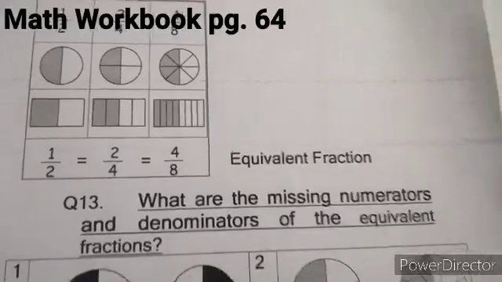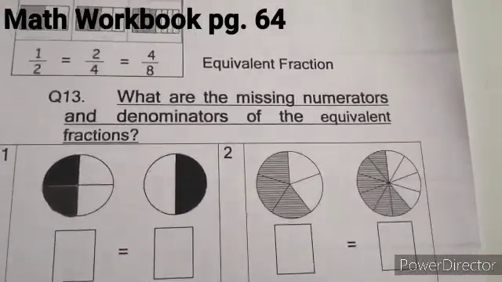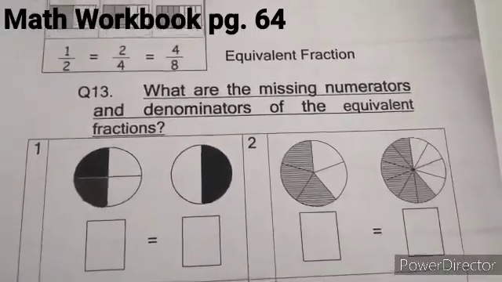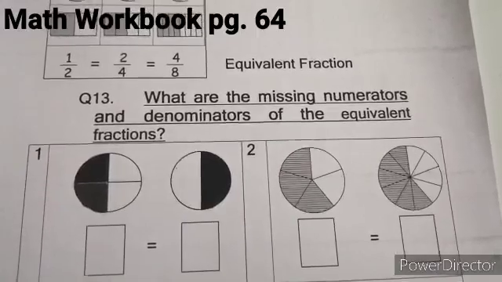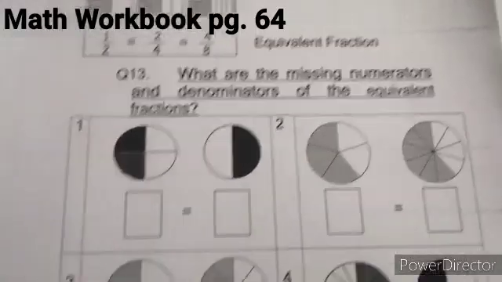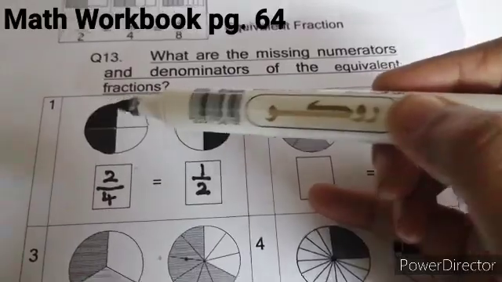Now let us do some exercises where we have to find the missing numerators and denominators. Read this question, question number 13. What are the missing numerators and denominators of the equivalent fractions? Now see the first one. There are 4 equal parts.